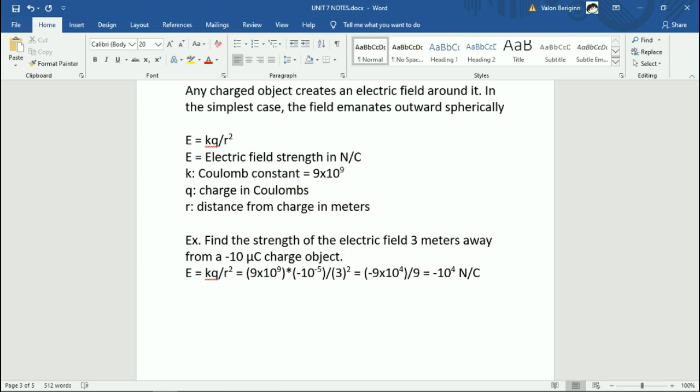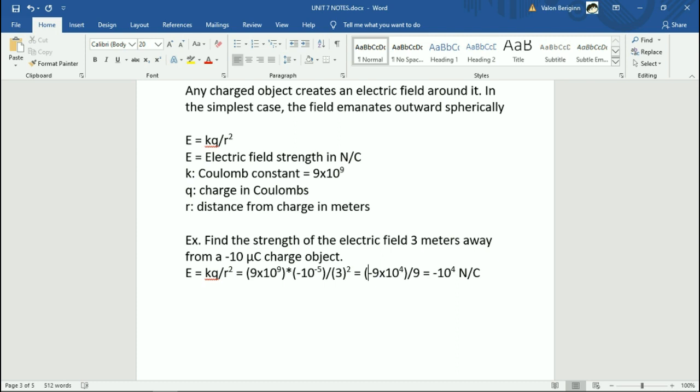So, here's what this looks like. Remember how I said that the shape of the field, and how it kind of comes from the wave intensity, looks like a sphere. A sphere that spreads out from your charged objects.